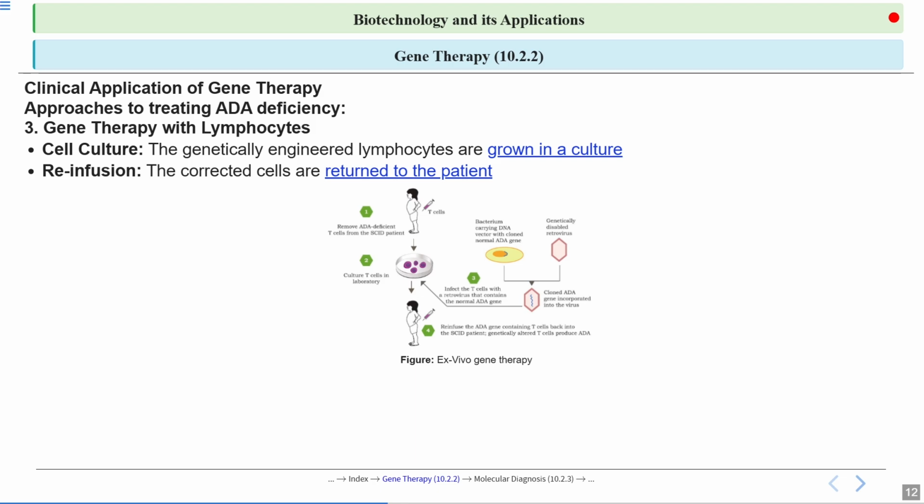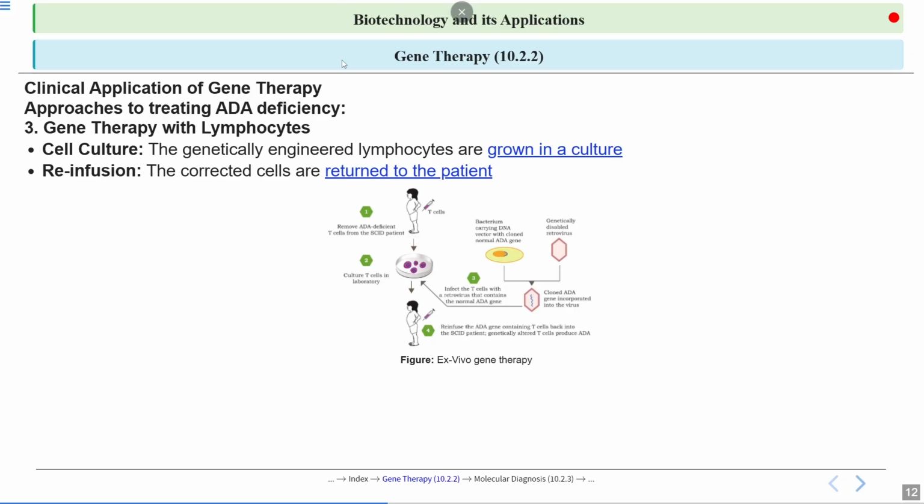It is going to act as a vector, and we infect the lymphocytes with this retrovirus. Now the lymphocytes have transformed, and they are functioning properly, producing the ADA enzyme.